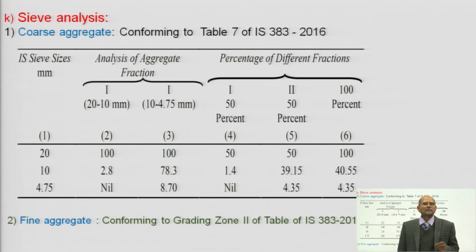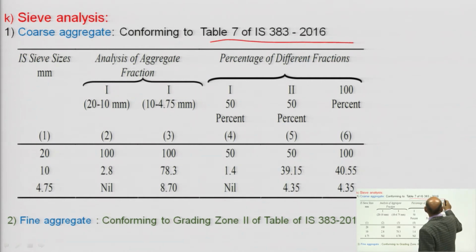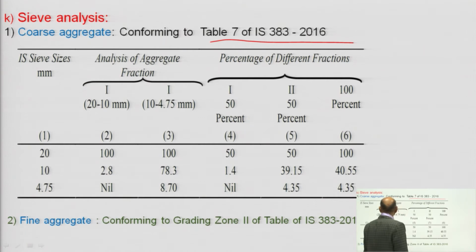Then the sieve analysis data. That is from Table 7 of IS 383:2016. So, 20 mm size, 10 mm size, 4.75 mm, and their percentage is 50%, 50%.